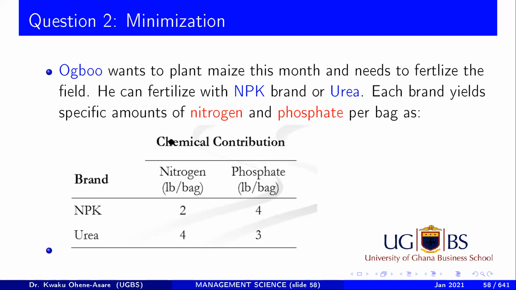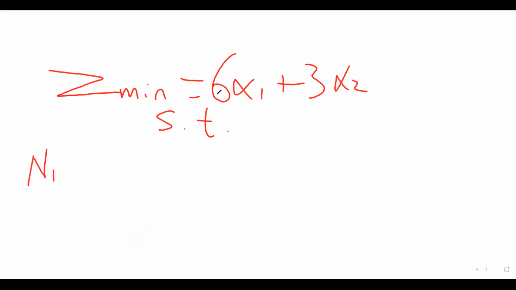So those are the constraints. Okay. So who can formulate the nitrogen constraint? I'm going to go there and then you formulate the nitrogen constraint. It's a very, very simple thing. So nitrogen constraint, who is going to tackle that for us? Nitrogen, Michael.